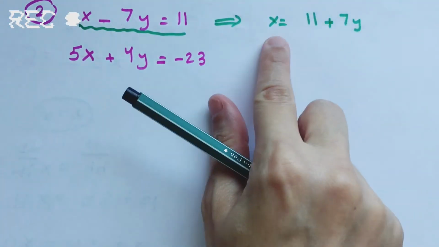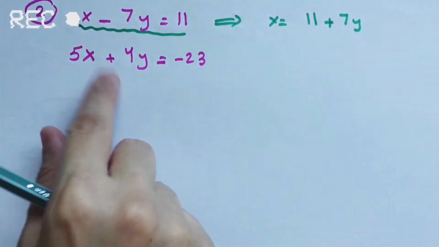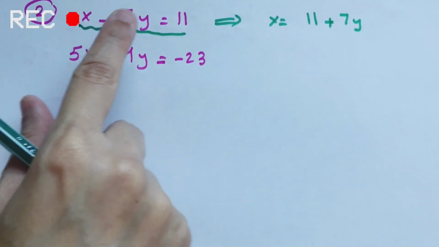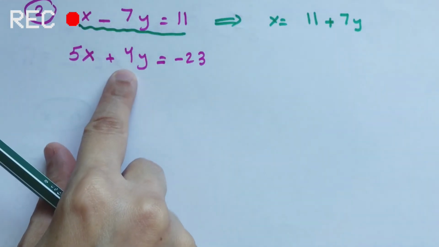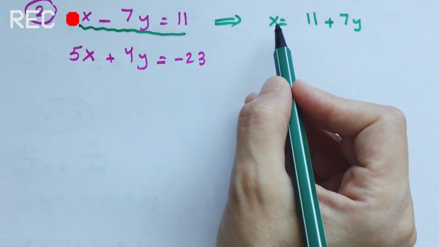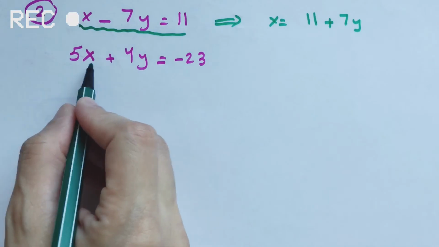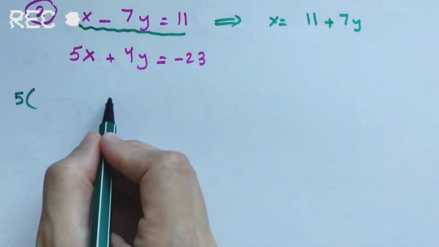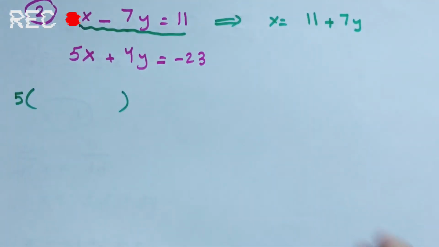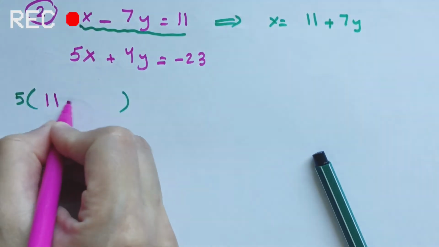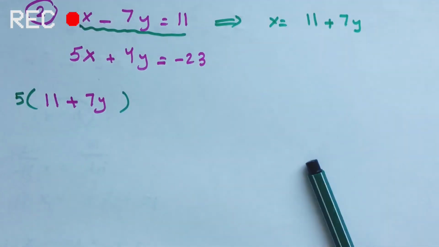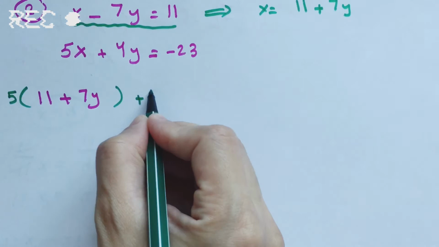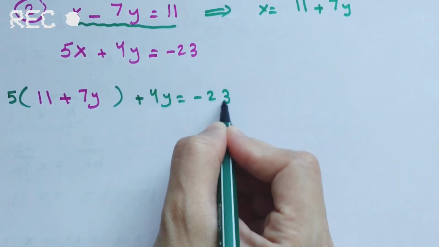Now I use this one in the second equation. If you use this one and keep the x or y alone, you have to substitute it in the other one. So I will rewrite the second equation, and instead of x I write 11 plus 7y: 5 times (11 plus 7y) plus 4y equals negative 23.